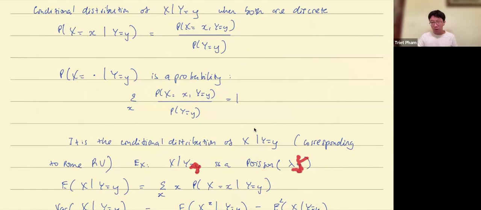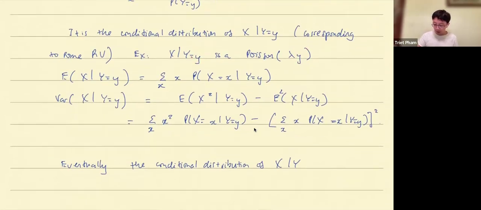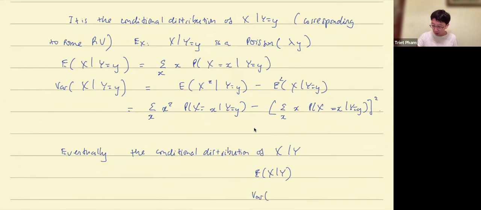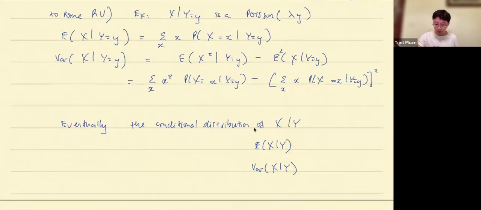Again, this move is very, very important because it allows us to, well, of course, right here, the corresponding notation will be expectation of x given big Y, or variance of x given big Y, okay? But the big difference is that, for example, while this is a number, a constant, this is a random variable, opening up things like we can take an expectation of a conditional expectation like this, okay?